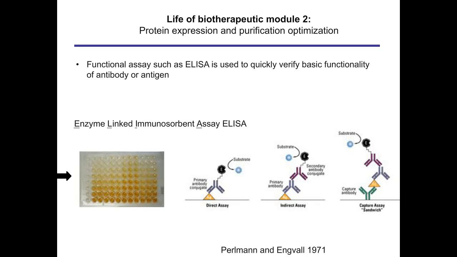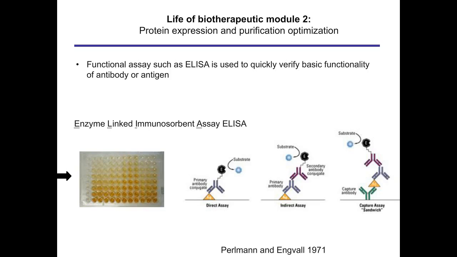Functional assays such as ELISA, also known as enzyme-linked immunosorbent assay, which was developed and first described simultaneously in different publications by Perlmann and Engvall, back before I was born, a long time ago.